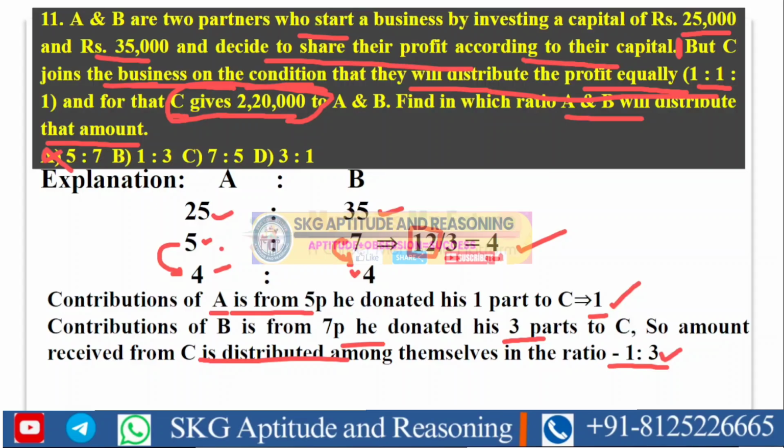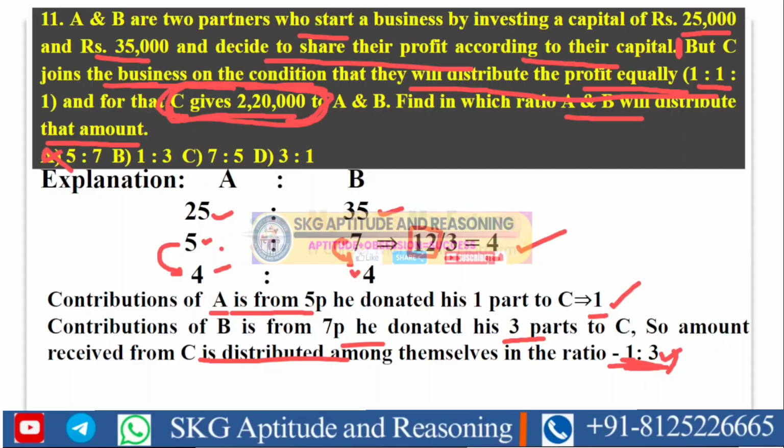For joining the business, C gave some amount, that is 2,20,000, to A and B. Whatever the profit ratio given to C, on that ratio only this amount has to be distributed. What is that amount? This 2,20,000 has to be distributed in what ratio?